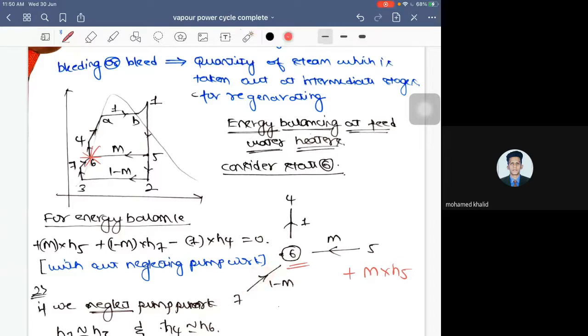Now, come to this particular line. How can I write the same thing as I've written previously? Mass flow rate into 1 minus m amount of steam is coming from state 7. So I'll be writing it as h7. Whether this is approaching state 6 or going away from state 6.